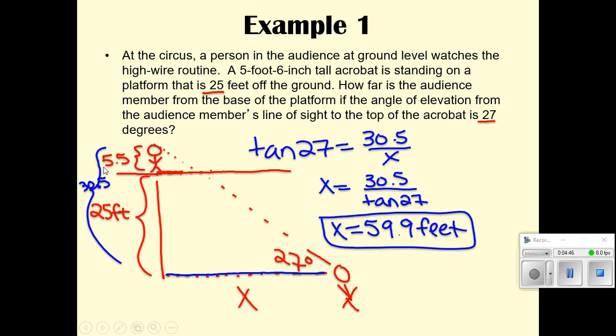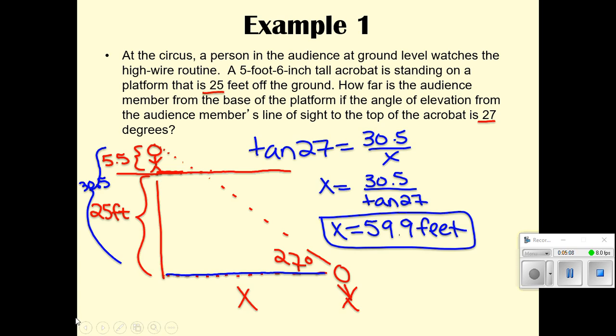First of all, we're going to change 5 feet 6 inches to 5.5 feet. So this person is 5.5 feet tall. He is standing above, so 25 feet above.